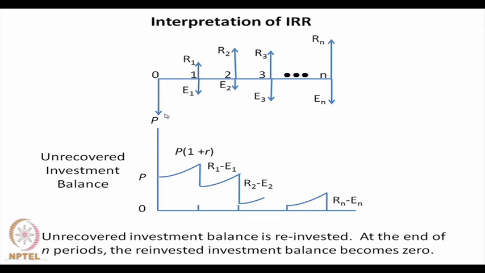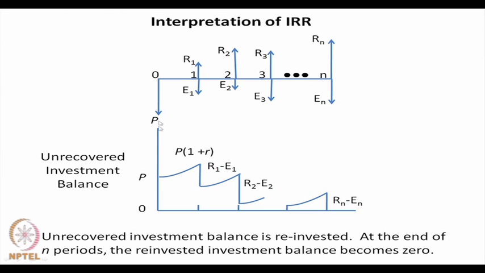Assume that we have made an investment P initially and that over the life of the project of n years there are different expenses and there are different revenues. The meaning of the word internal in the internal rate of return is that this amount is reinvested at the IRR, which is R here.